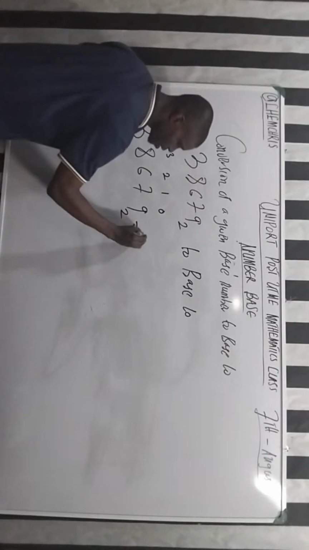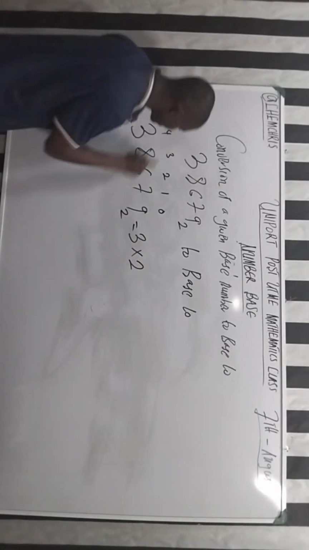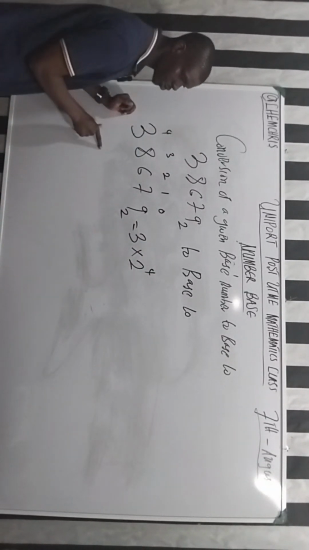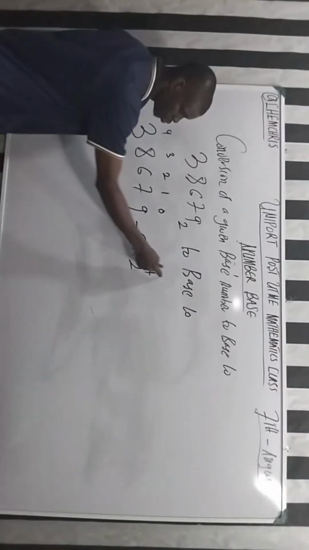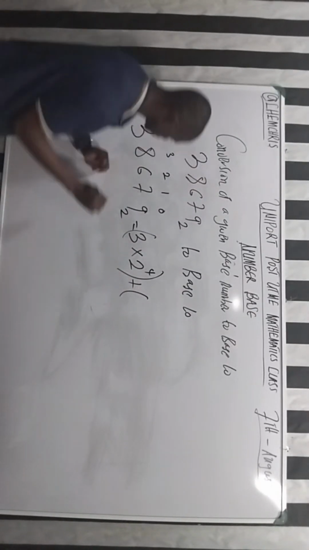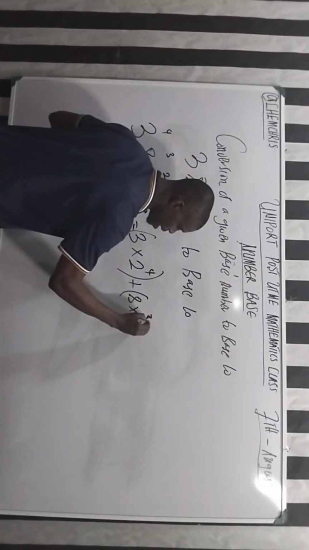It will be 3 times 2 raised to the power of the position, so that will be 3 times 2 raised to 4, plus here we have 8 times 2 raised to 3, right?